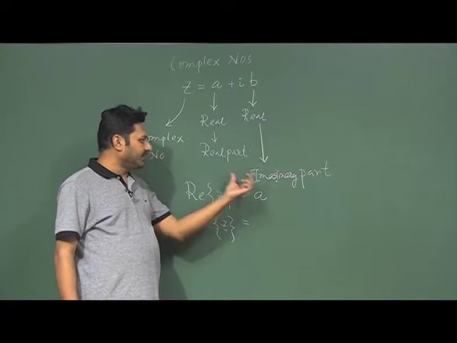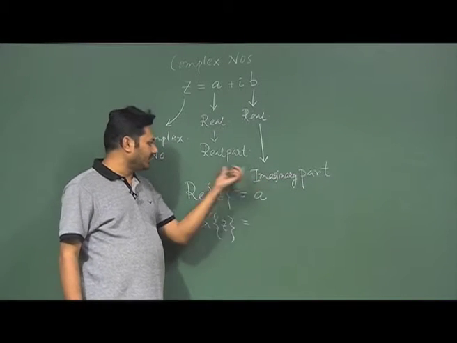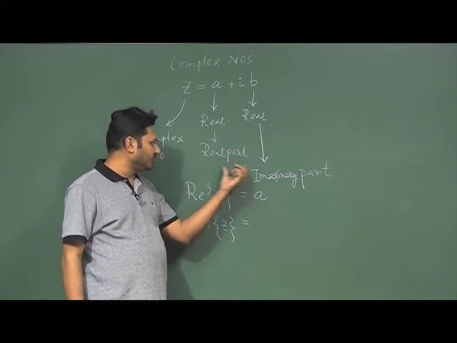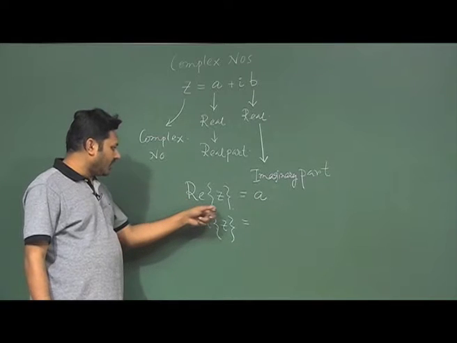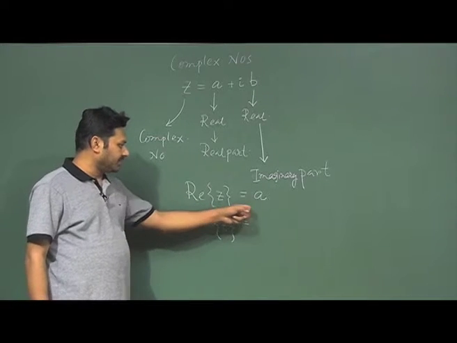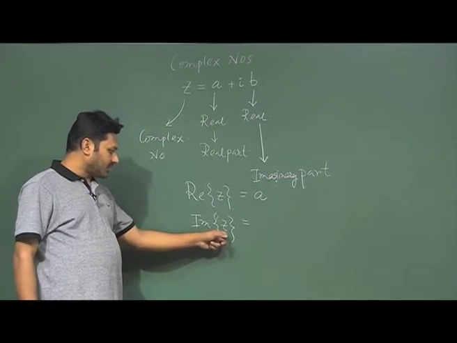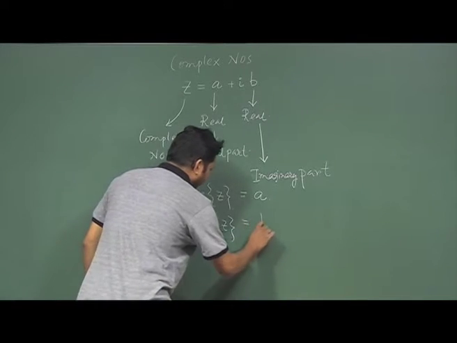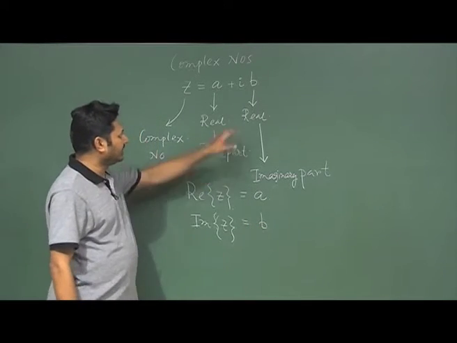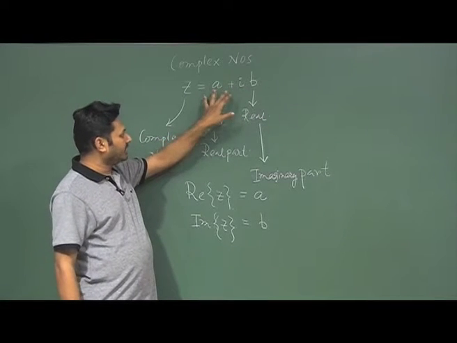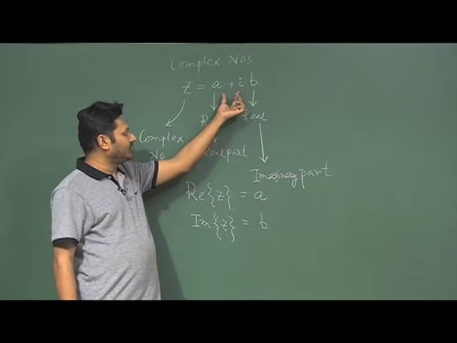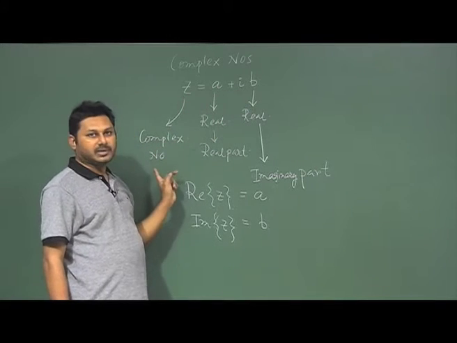Now the real part and the imaginary part are associated with each other. When we add these two things, we have something which is complex. So the real part of z is a, and the imaginary part of z is b. If I add these two, I will have something which is complex in nature.